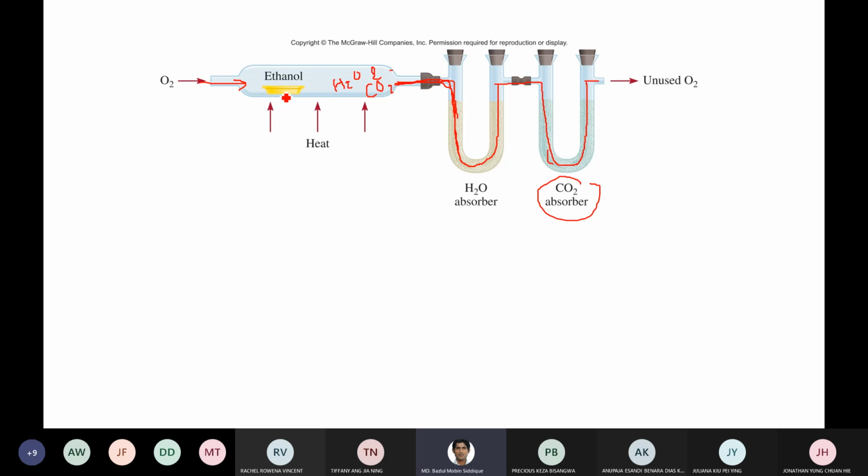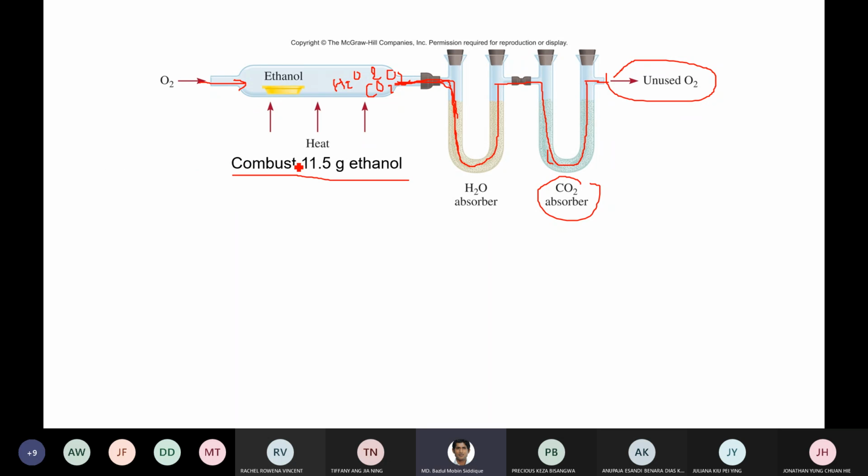And then there will be oxygen as well. Only the unused oxygen is coming out from that. And analyzing this, we can find the empirical formula and then the molecular formula of the ethanol here.